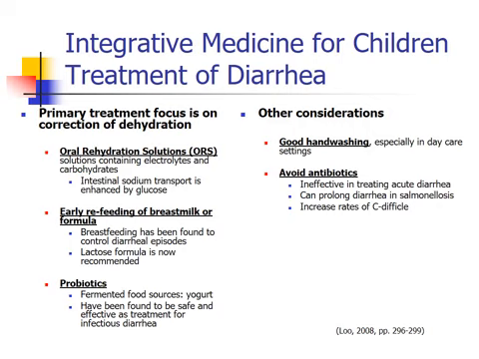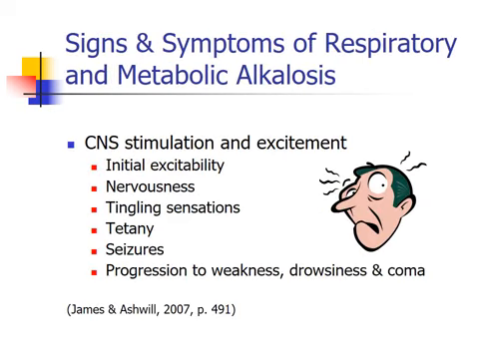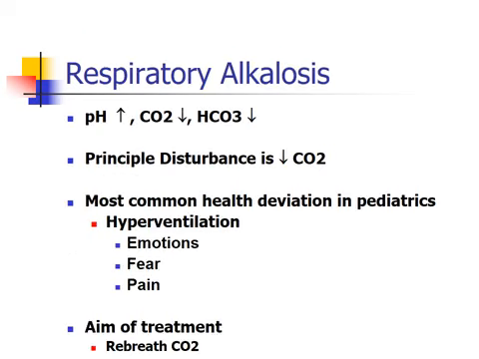And then other considerations would be good hand washing and avoiding the overuse of antibiotics. And we do in children, also as in adults, need to watch for C. difficile.